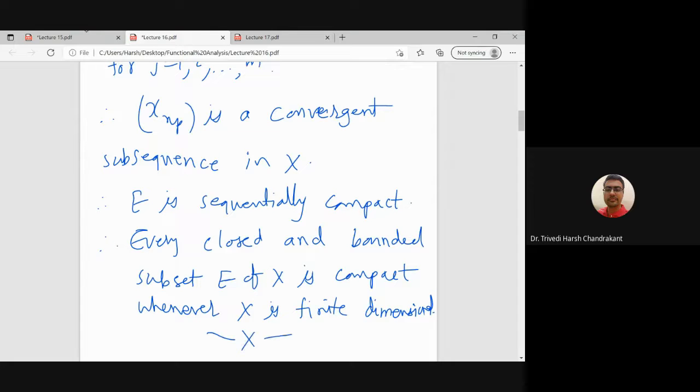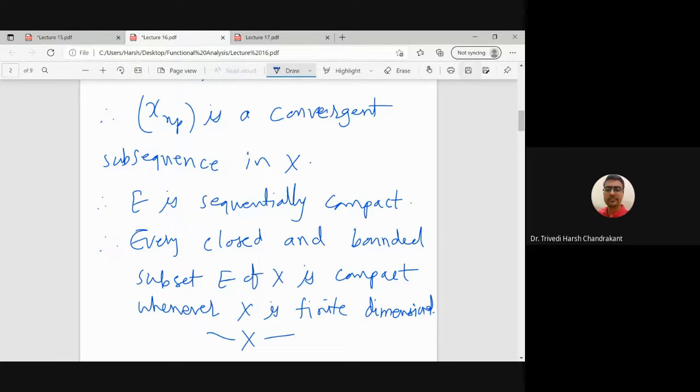Basically, in finite dimensional spaces, compactness and sequential compactness are equivalent conditions.